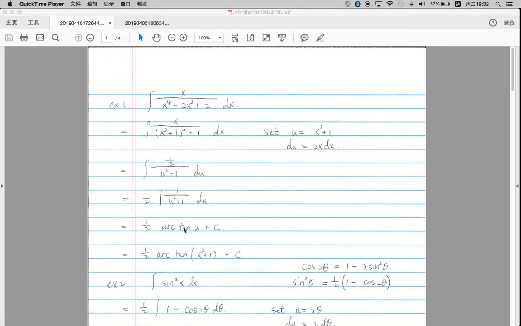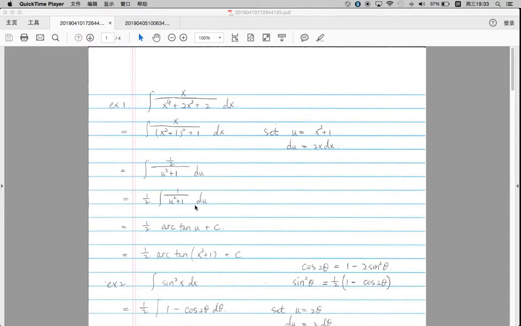However, here we are taking the inverse of tangent. So we are inputting a number into arctangent, and it will output an angle of a triangle, something like a theta.